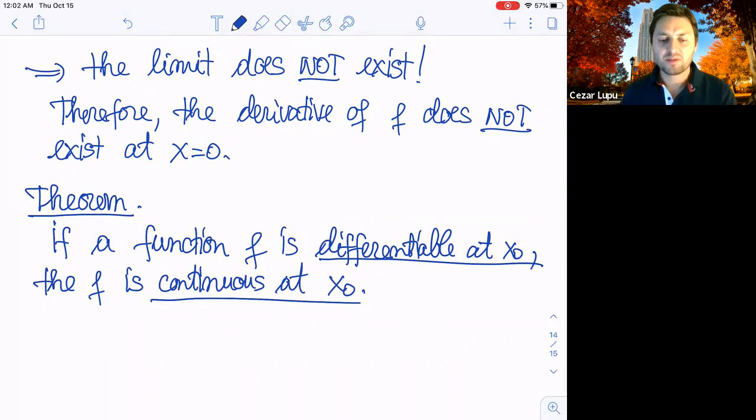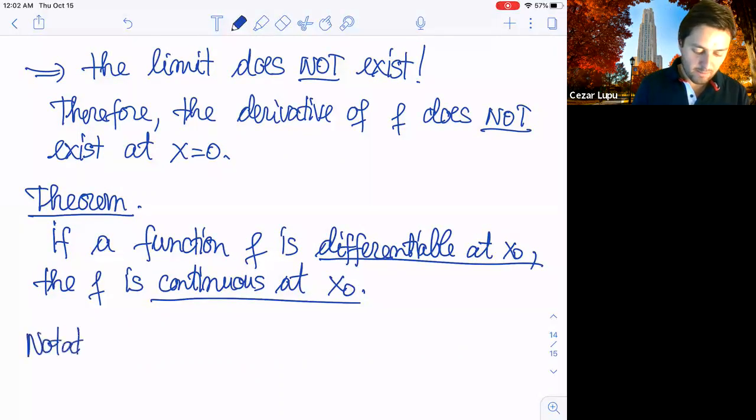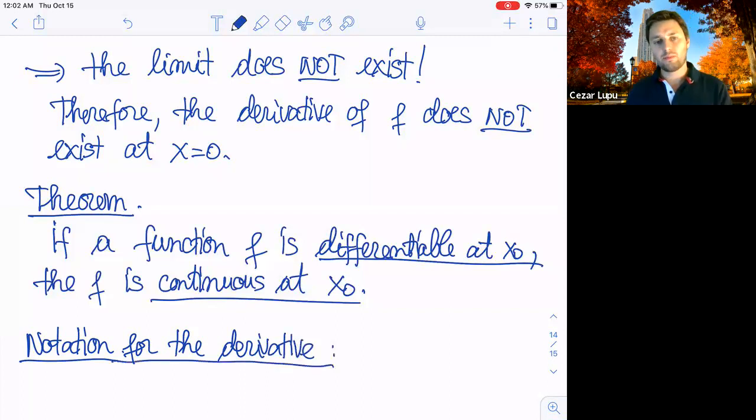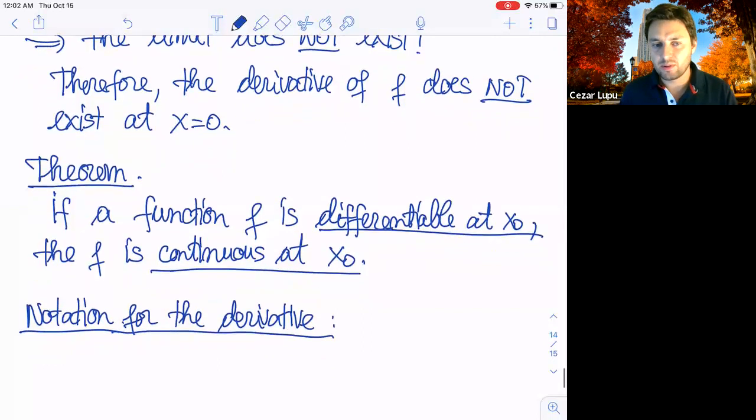Well, I mentioned the notation, so let me mention one more thing about the notation for the derivative. Sometimes we denote this f prime, but physicists always like to do it with df over dx.